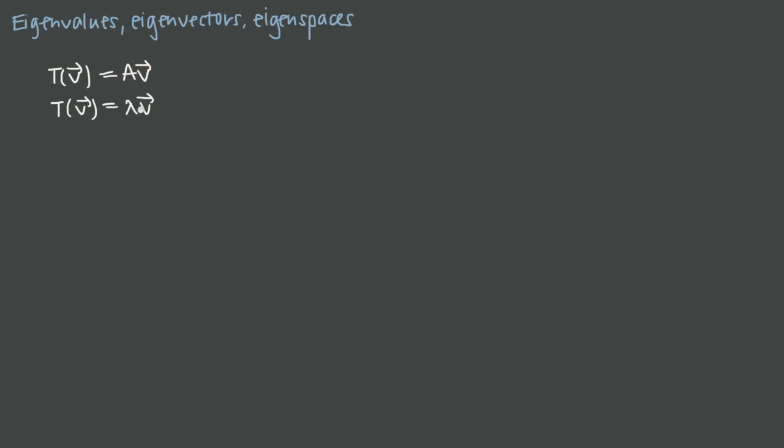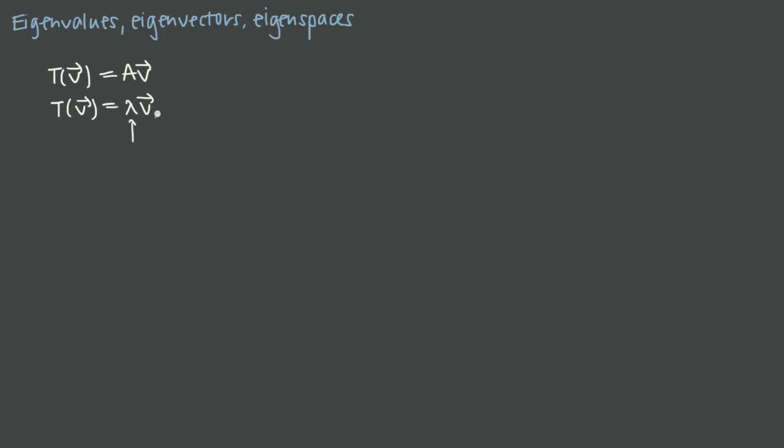Here, with this equation, this lambda value is a constant, which means it acts like a scalar on the vector. So any vector that satisfies this equation, when the transformation is applied, this value here is just going to scale up or scale down the vector, so it might make it longer or shorter, or if this is a negative value, it would flip it in exactly the opposite direction.